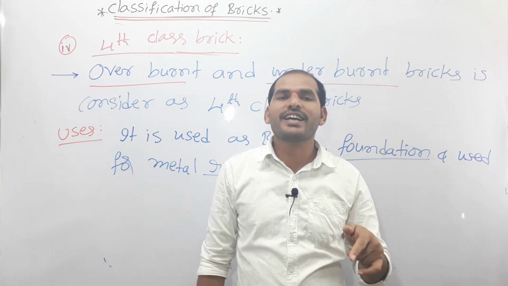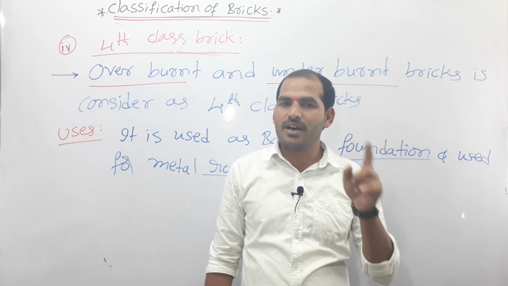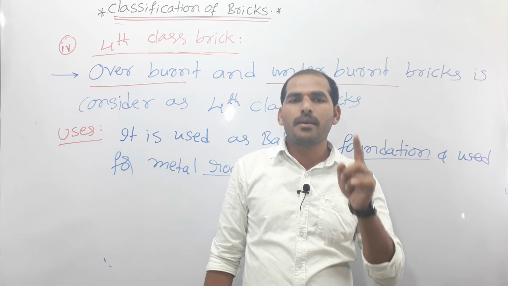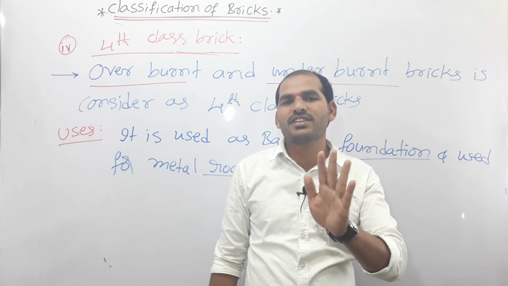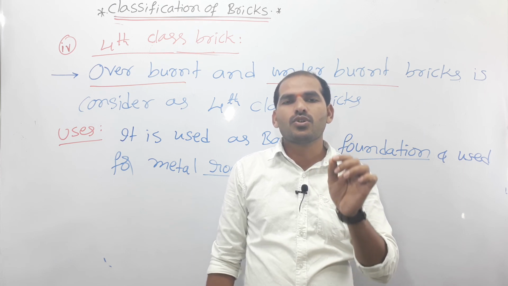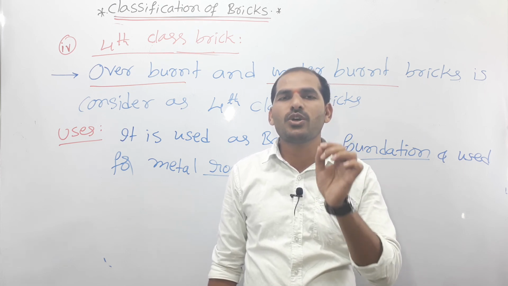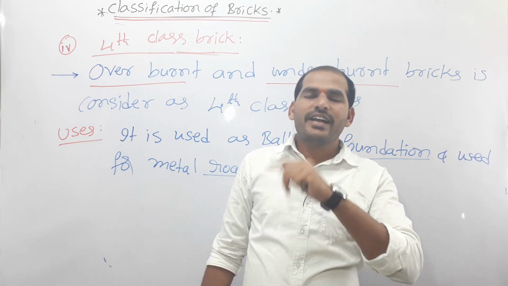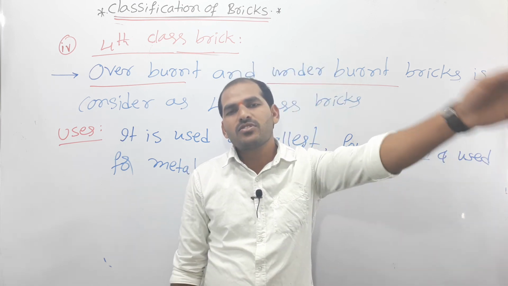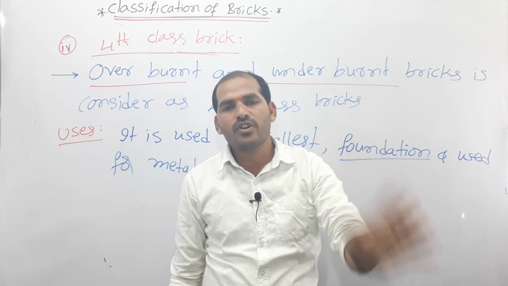If you take the second class brick, compressive strength should not be less than 7.5 Newton per mm square. Water absorption for second class brick should not be more than 22% of its own weight. And for the third class brick, compressive strength should not be less than 4 Newton per mm square.